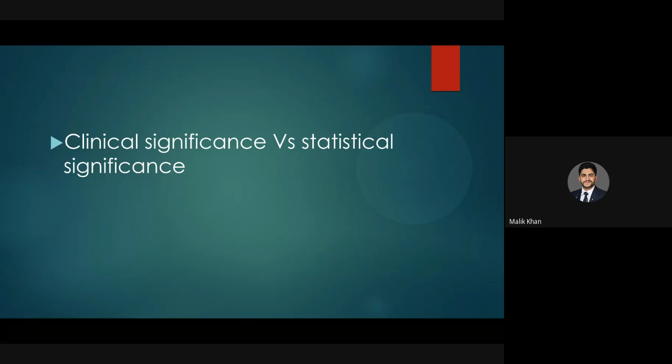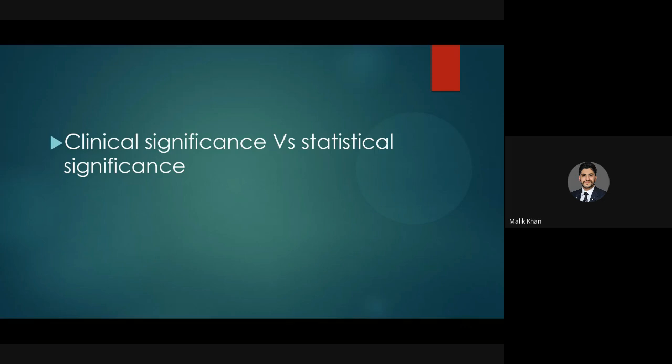Let's say my study found that smoking increases the odds of lung cancer by 5 times. And the p-value that came from the statistical test, you don't have to understand how the p-value comes from the test, because that's for the software to do.